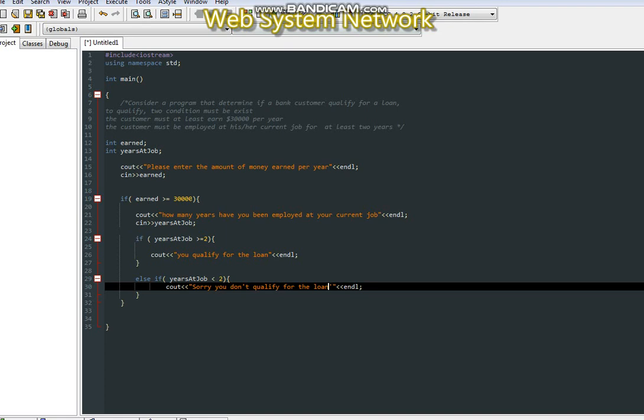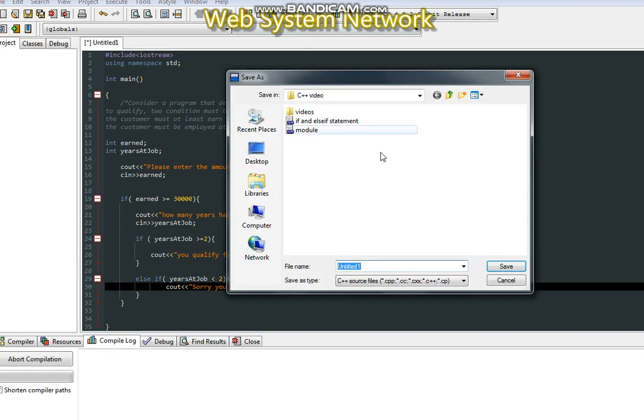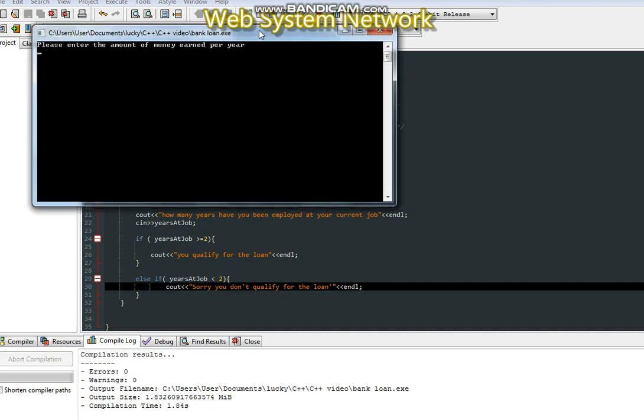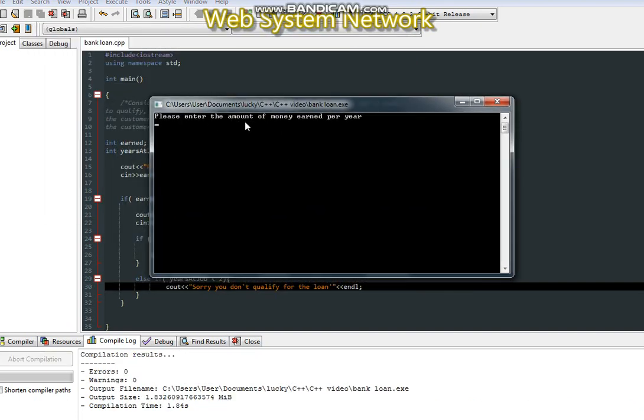Now let's run that and see what happens. I'm going to save it as bank loan, and hopefully there's no error. Please enter the amount of money you earn per year. Let's say we enter 35,000. It will ask us to enter how many years.